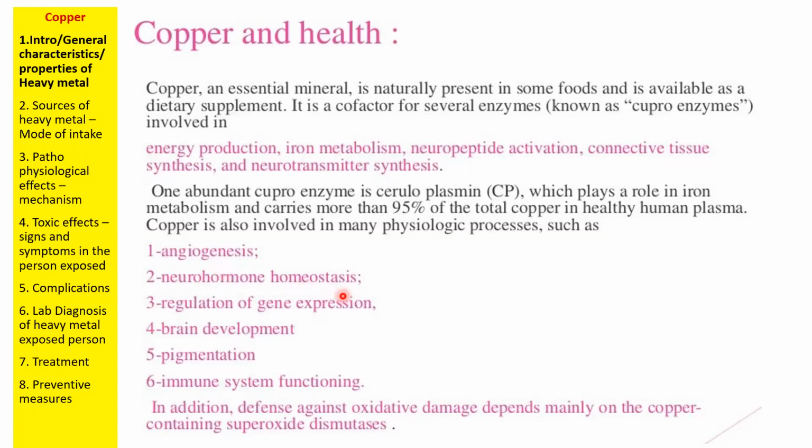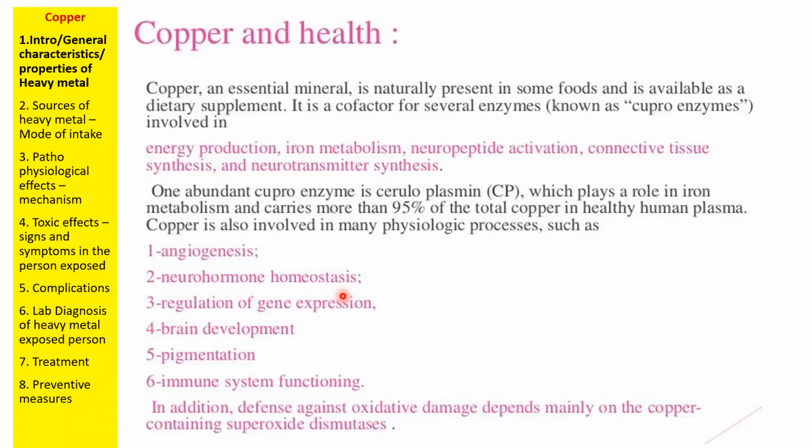The neurons interact with each other and have their own cytokine microenvironment, and the regulation of that cytokine microenvironment is of utmost importance in order to suppress neurological abnormalities. So copper can also be a good element in regulating neurohormone homeostasis.